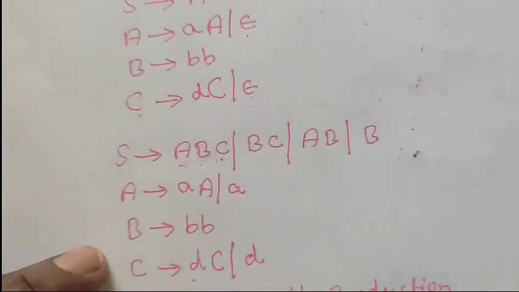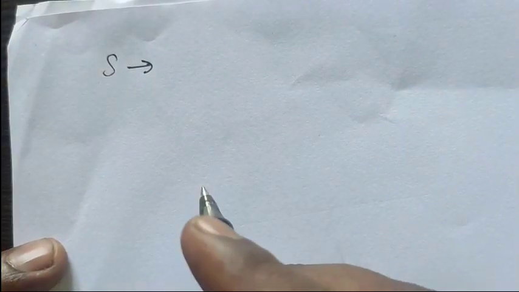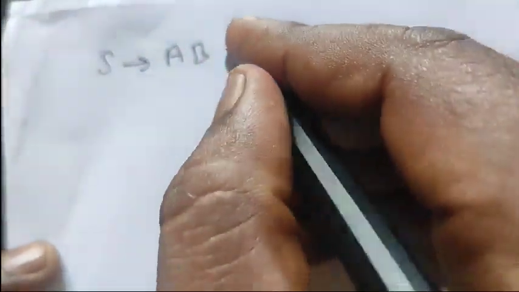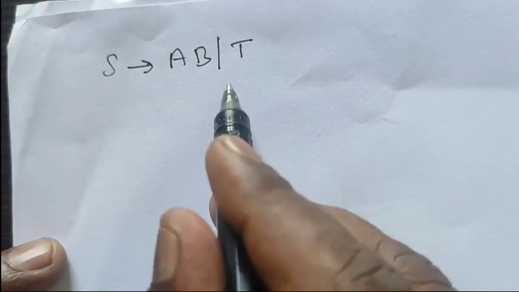The best idea of doing that is we will go for a problem, and we will eliminate all these unit productions. So the problem here is: S tends to AB, S tends to AB and T. So we have to eliminate the unit productions here.